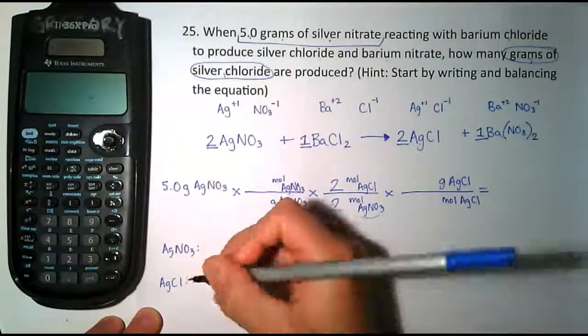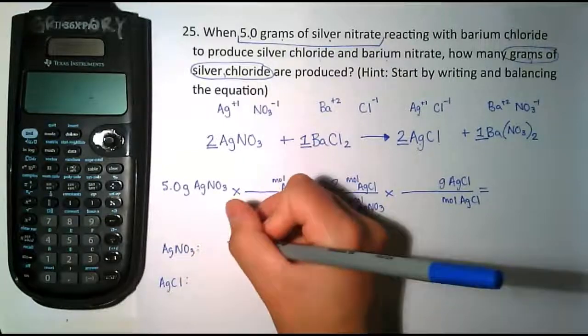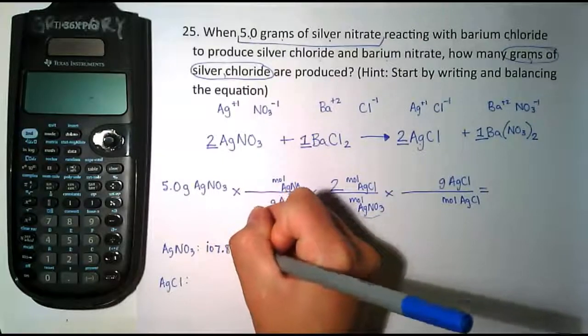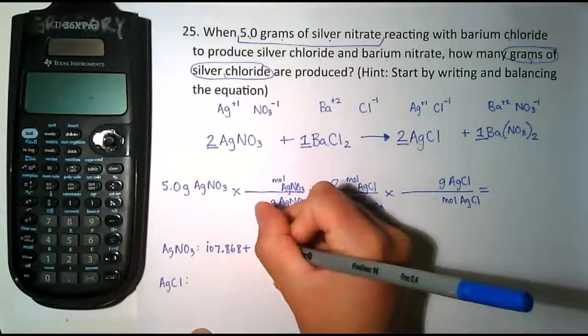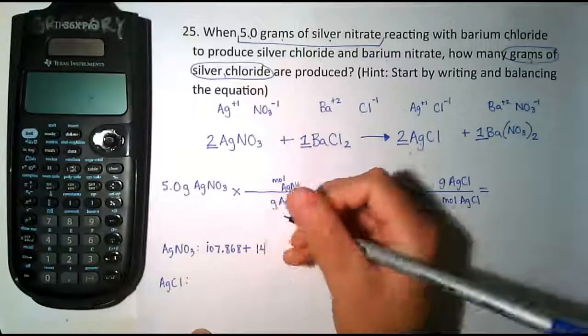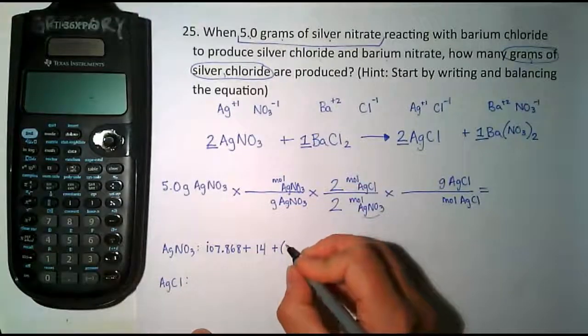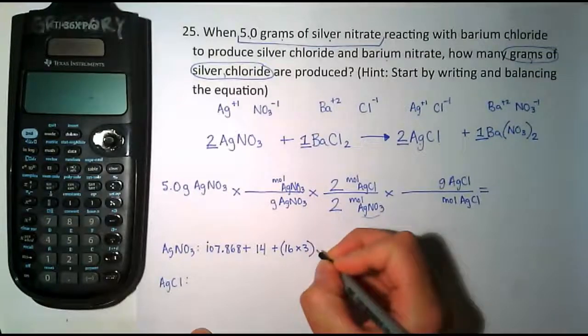So we can get the mass of the individual elements by looking at our periodic table. So silver is 107.868, nitrogen is 14.007, so we can just round that to 14. And then oxygen is 15.999, which we can round to 16, but there are 3 oxygens, so I need to multiply that by 3.